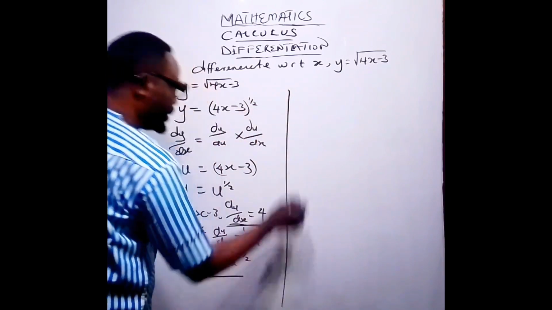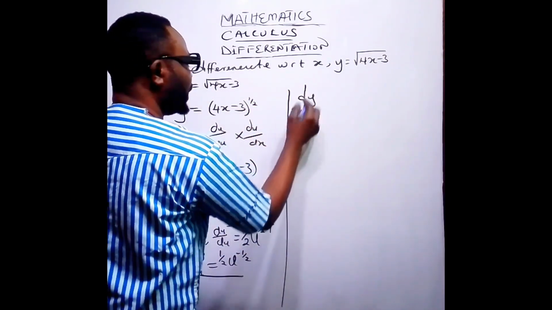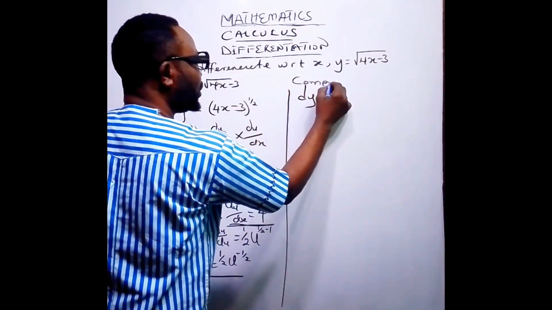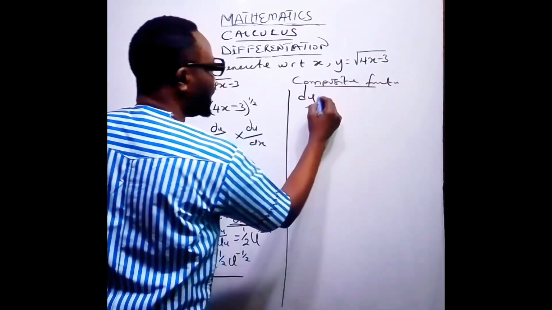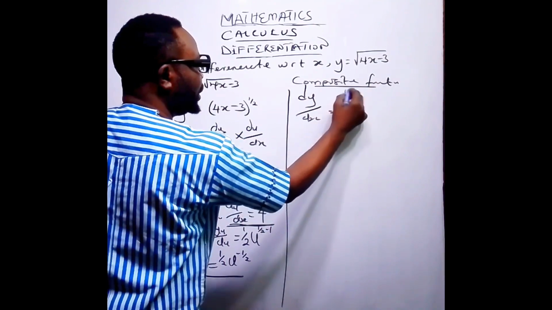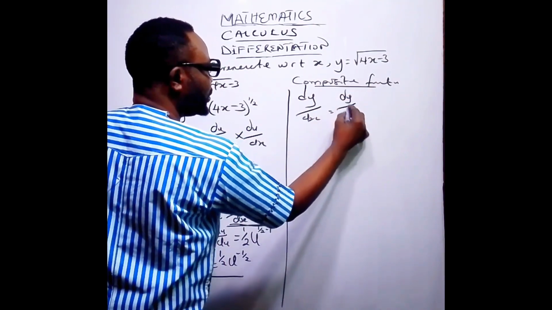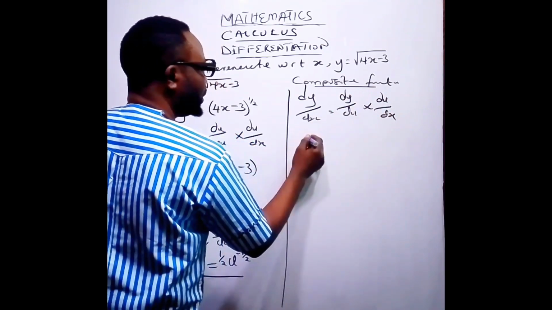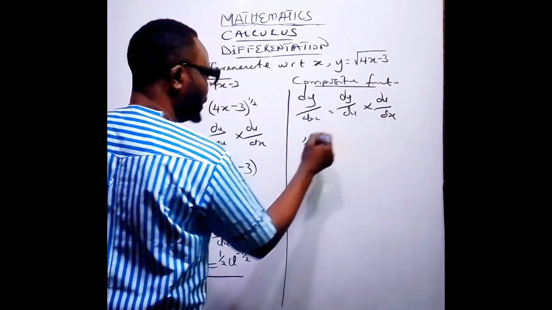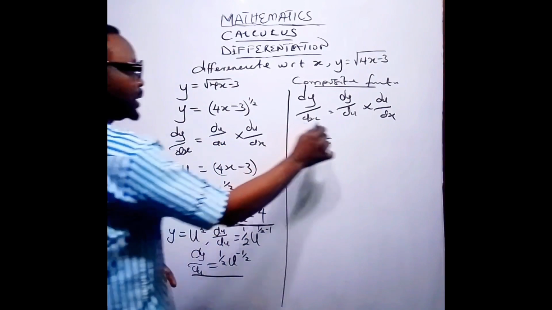So I can now insert it, and don't forget the composite function. That is what it states. It says dy/dx is equal to dy/du multiplied by du/dx. So what is our dy/du?